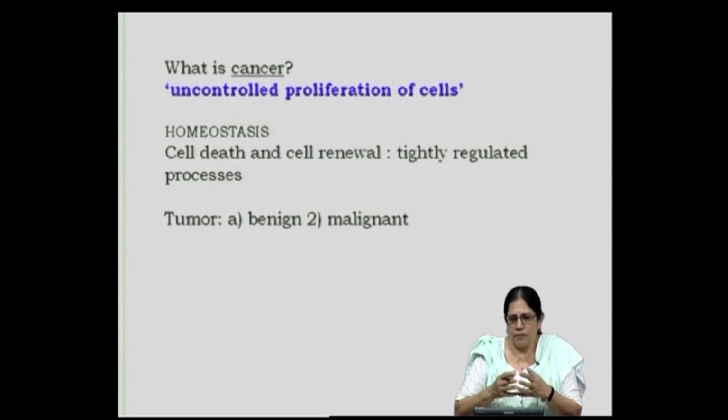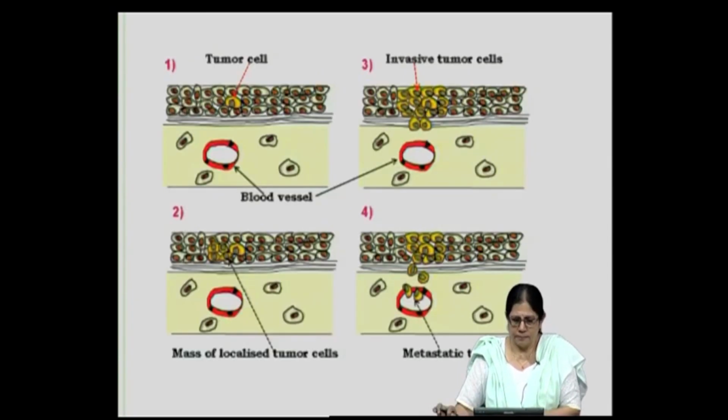Benign tumors therefore can be treated very easily. Malignant, on the other hand, is when cells grow out of this mass and go into circulation and can now establish themselves elsewhere.